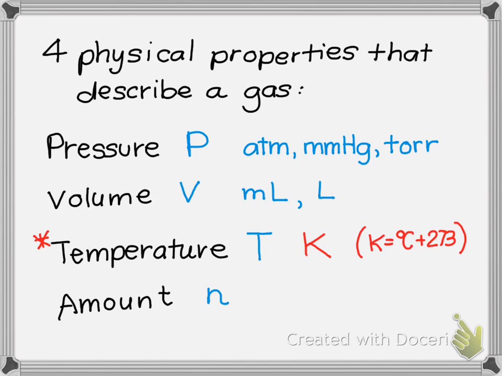So remember, in this chapter, temperature has to be used in Kelvin. If you do everything right, but you've used Celsius, you're still going to get the incorrect answer. And then the amount, while it may be given in grams, usually when we're using it in our equation, we will have to be using moles.